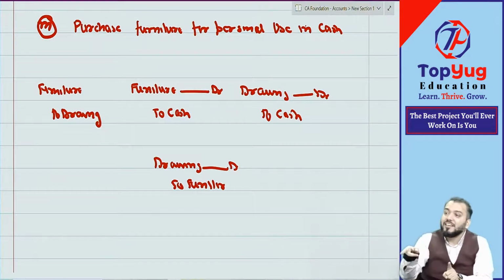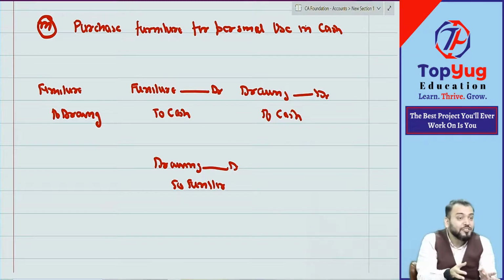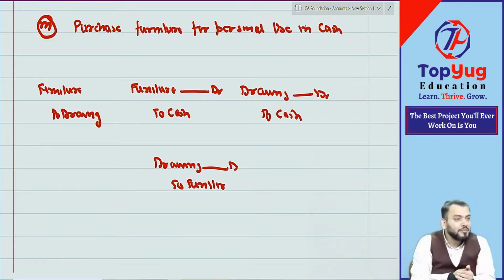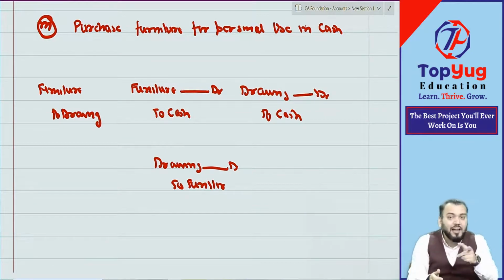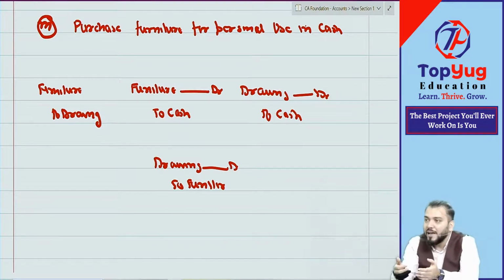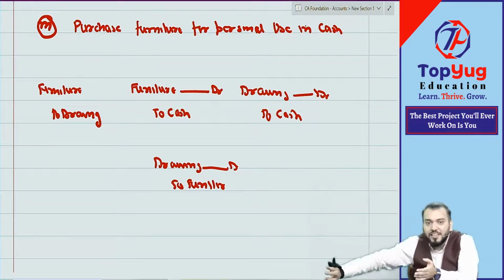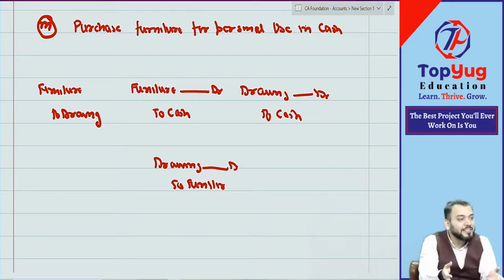Same thing I said in the last example. Cash withdrawn from bank, but cash is not coming to the business. Will you open cash account? The last example I said cash account will not come. The cash was withdrawn from bank, but that cash has been used for what purpose? Personal use. So business cash was not affected. Therefore, cash account will not be opened.